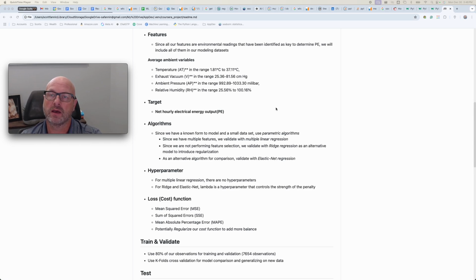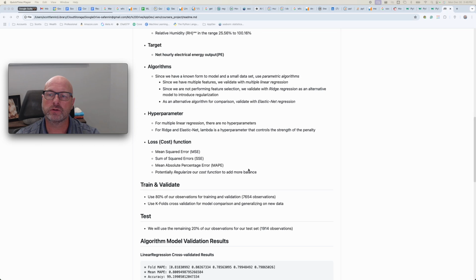I also actually tried lasso regression, but since we are not performing feature selection right now, because every feature represents an environment variable that is important to some degree, I decided to use ridge regression instead. And then I also tried another one, which is called elastic net regression.